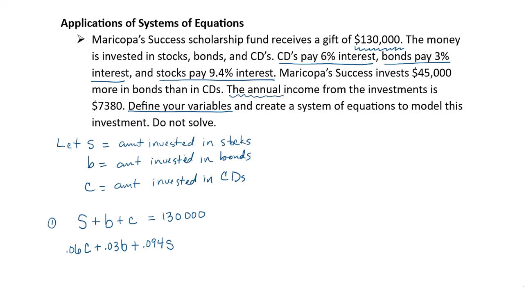It's in this sentence: the annual income from the investments is $7,380. So they're telling you in another way of conveying that the interest will add up to $7,380. And we can call that equation 2 if you want.